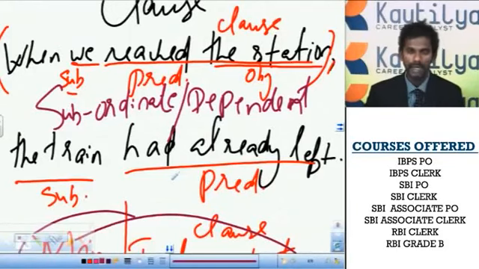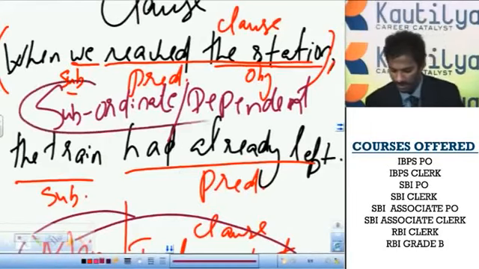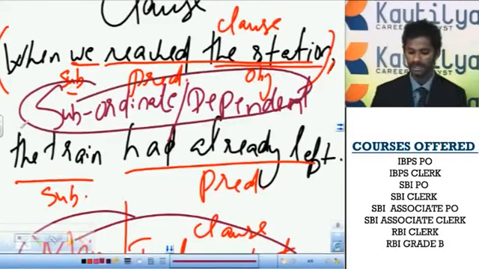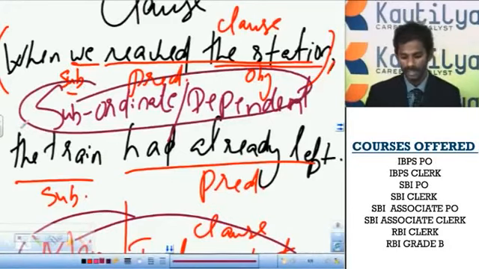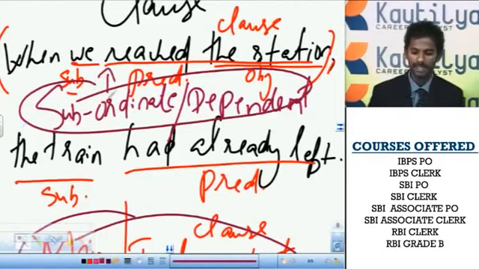So any clause that makes an incomplete meaning is termed as the subordinate clause or the dependent clause. A clause making a complete sense is the main or independent clause, whereas a clause making an incomplete sense is a subordinate or dependent clause. Clear?